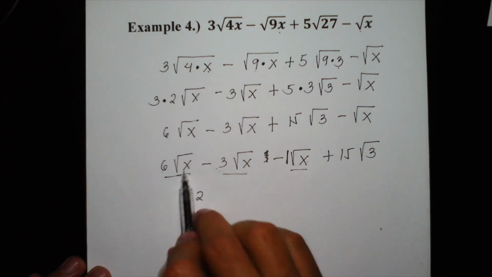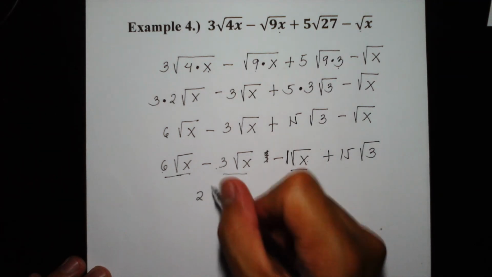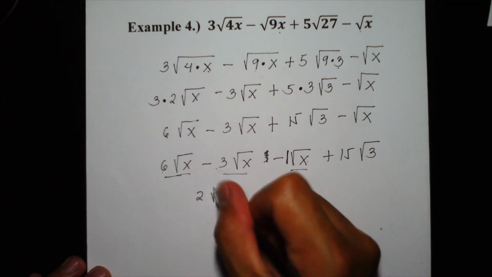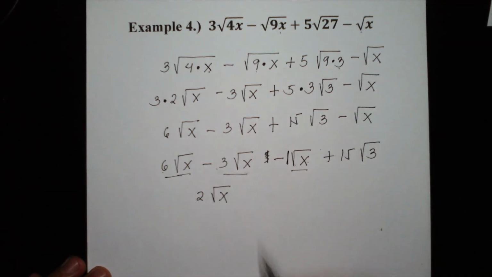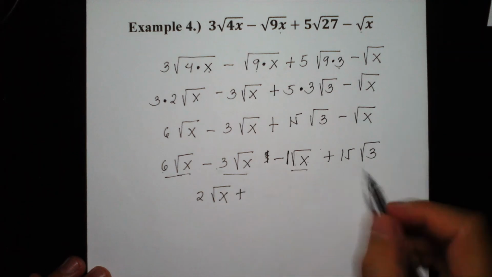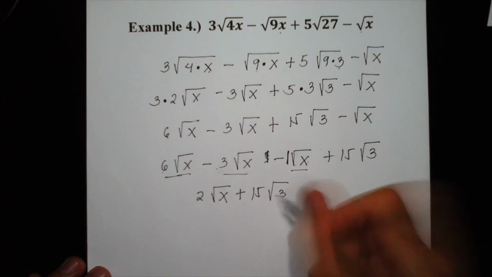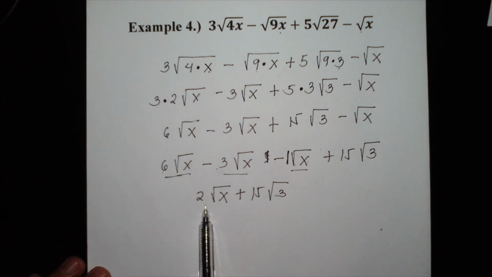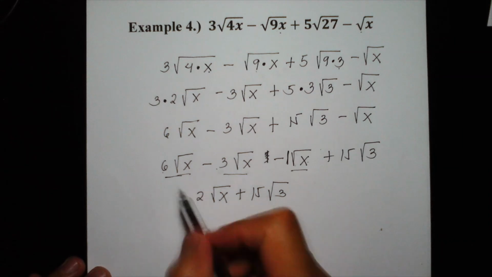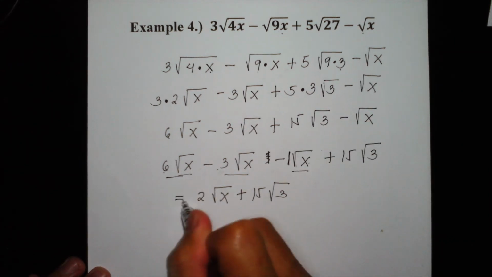Then copy the square root of x plus 15 square root of 3. Okay, so we cannot perform addition and subtraction between the two terms because they are not similar radicals. So therefore, it is now the answer.